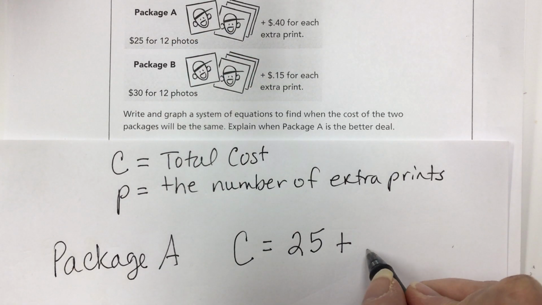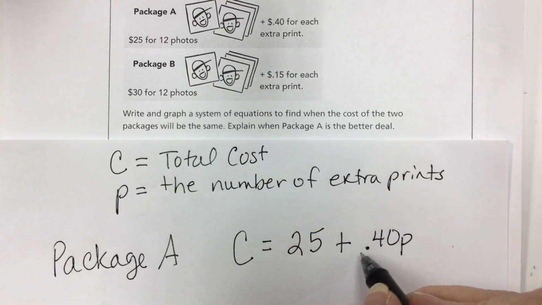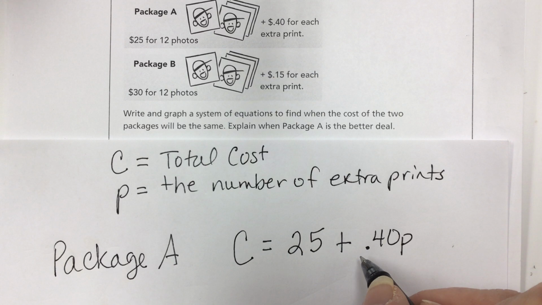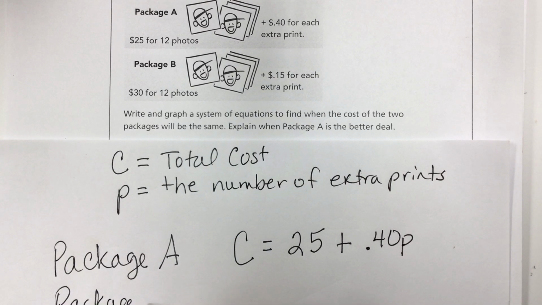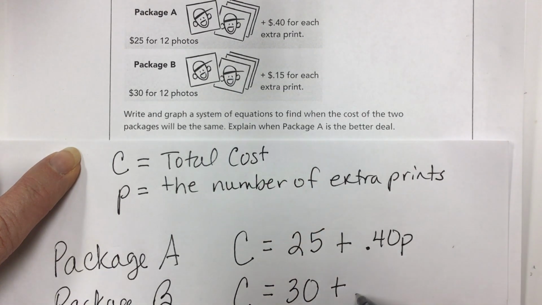Now I've got to multiply 0.40 times P. Therefore, every time I buy an extra print, it will be multiplied times 0.40. Now for package B, the total cost is equal to $30 plus 15 cents for every extra print.